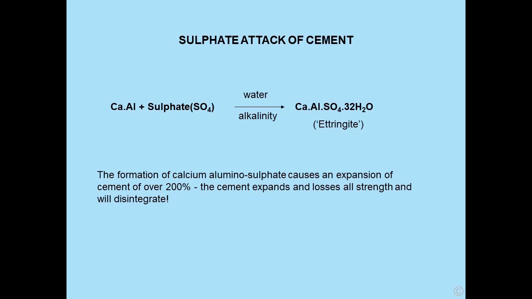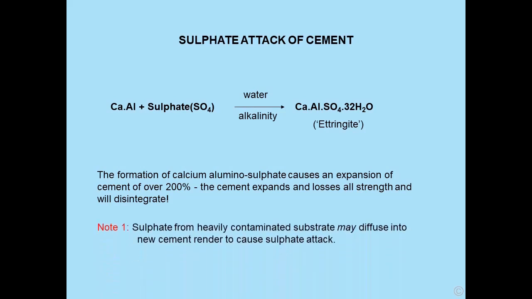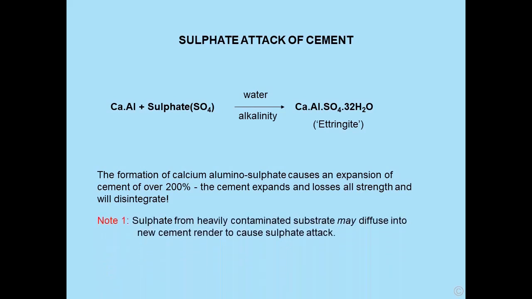And if you take a piece of severely sulfate attacked, say, render, drop it in a glass of water and leave it overnight, if it's that bad, it simply disintegrates and collapses into a muddy pile. Note, sulfate from heavily contaminated substrates may diffuse into new cement render, called sulfate attack.